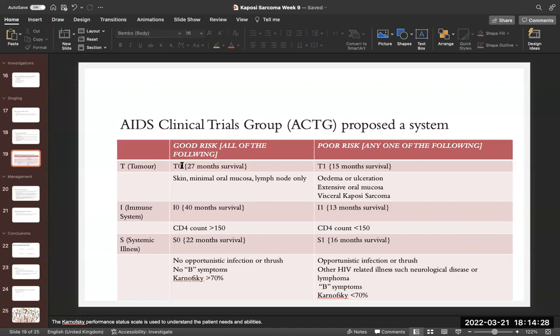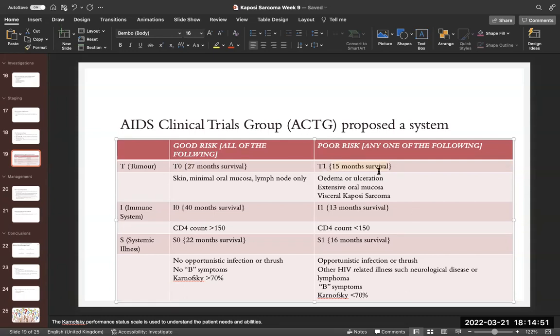So if the T is 0, which is basically this, the patient has a survival of around 27 months after initial diagnosis. Okay, and then T1 is now 15 months, but that is in itself alone, so it's not in combination with the others.